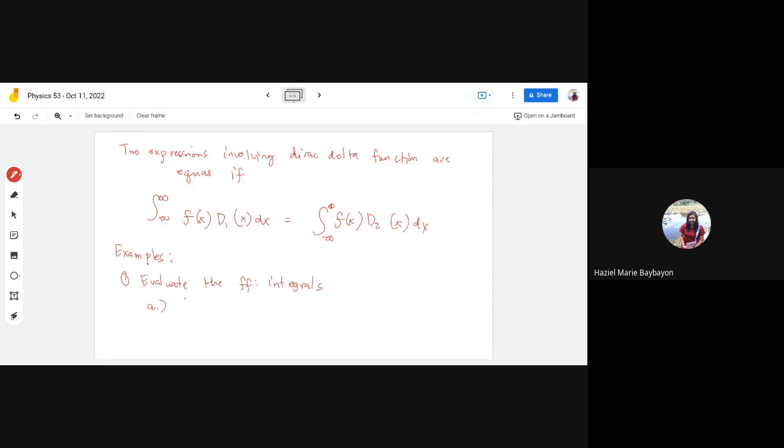You have the integral of 3x squared minus 2x minus 1 multiplied by the Dirac delta function delta of x minus 3, dx. Okay, so let's try to evaluate this one from 2 to 6.